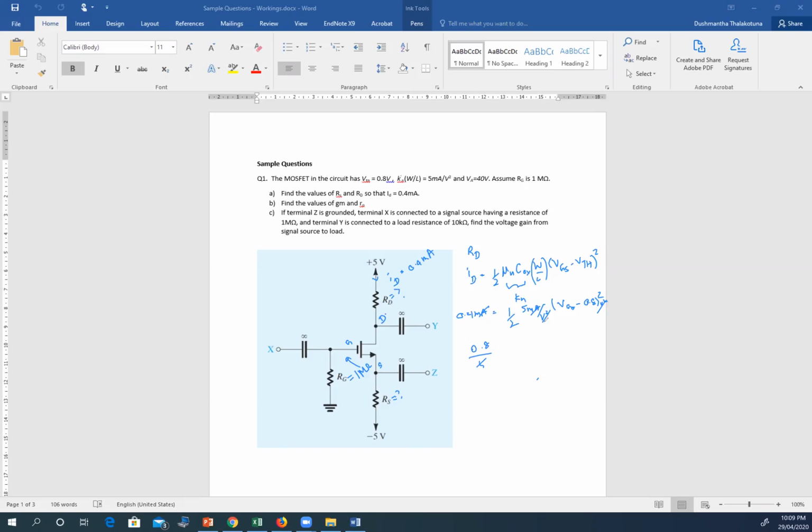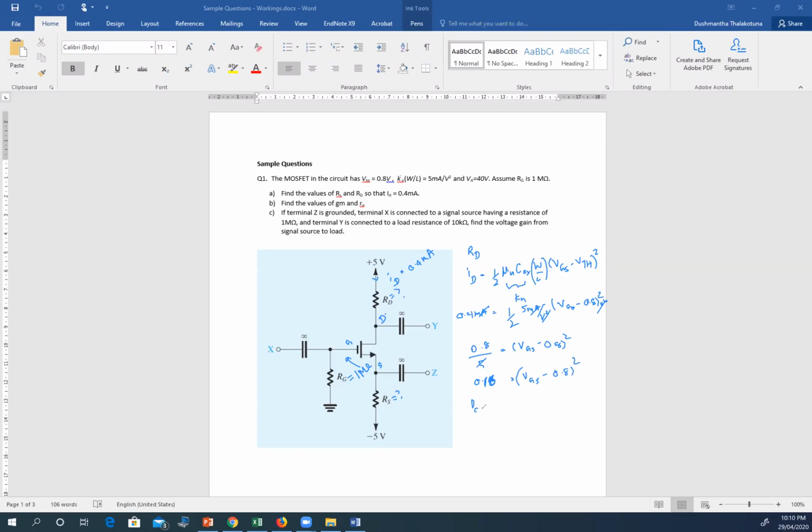So what you get is 0.4 times 2.8 divided by 5 equals VGS minus VTH, which is 0.8 again, that's okay, squared. So that is 0.16.